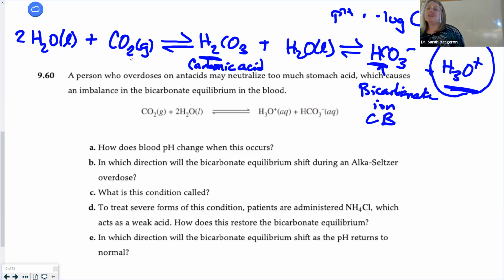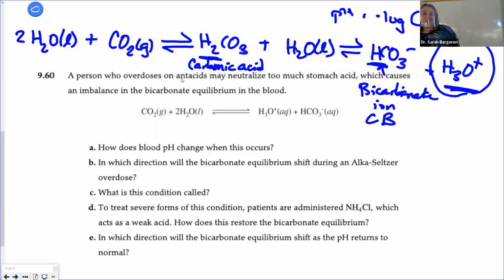The more carbon dioxide you have in the blood, what? The more H3O plus, so be careful, H3O plus, the lower your pH is.